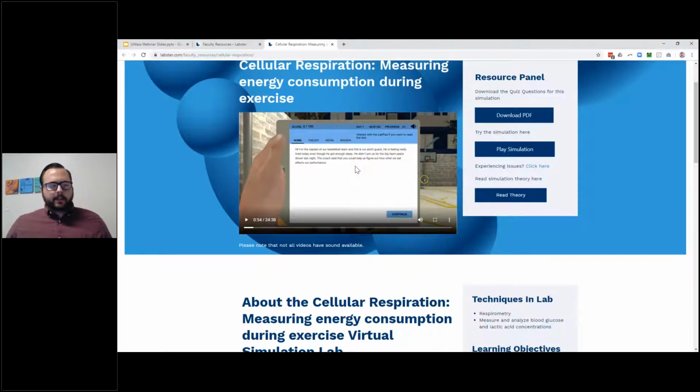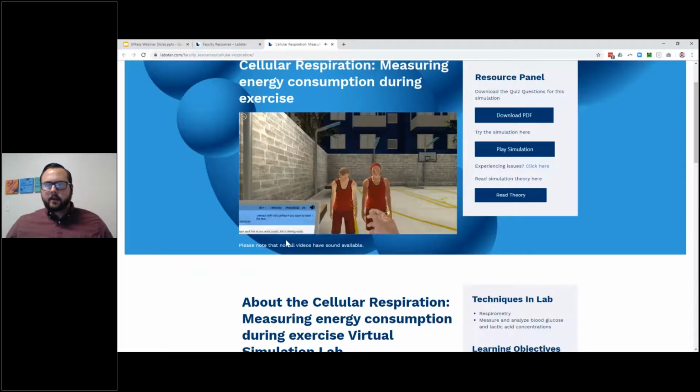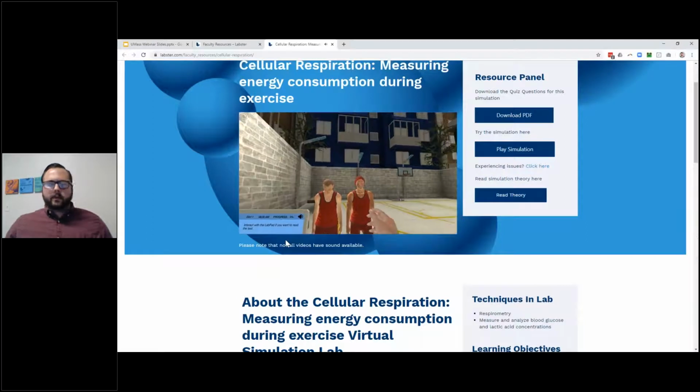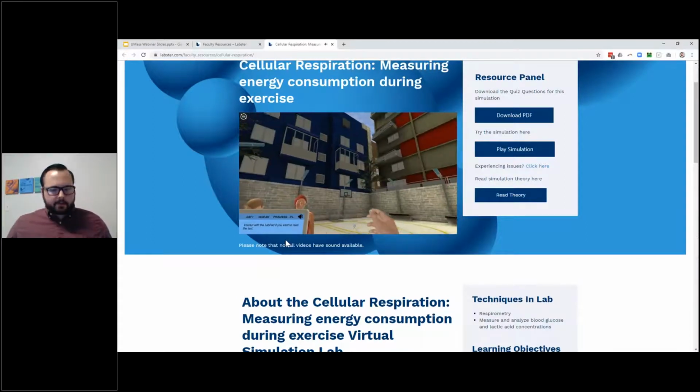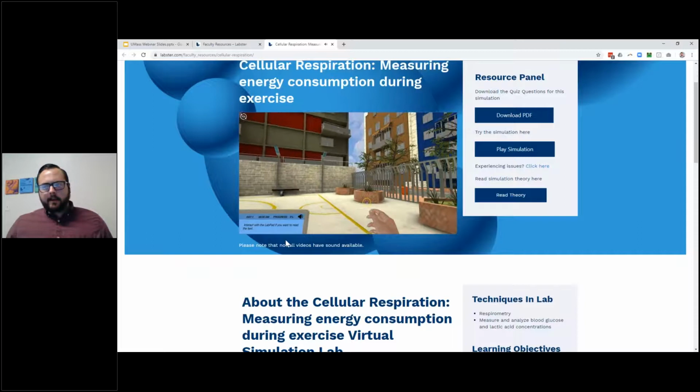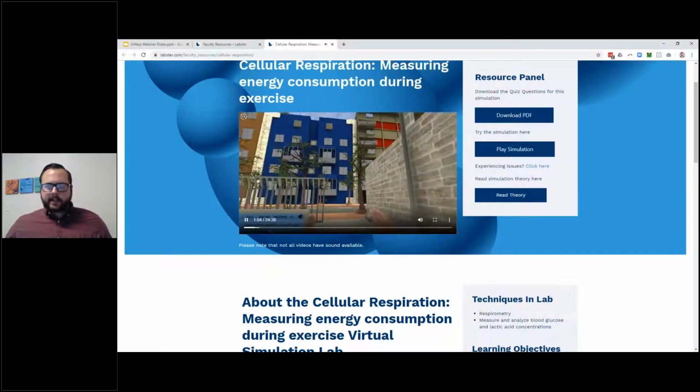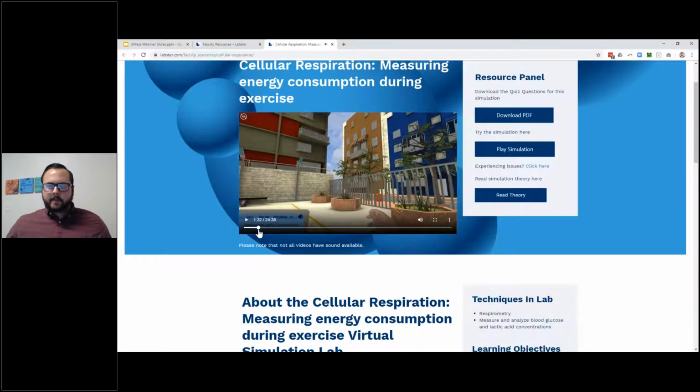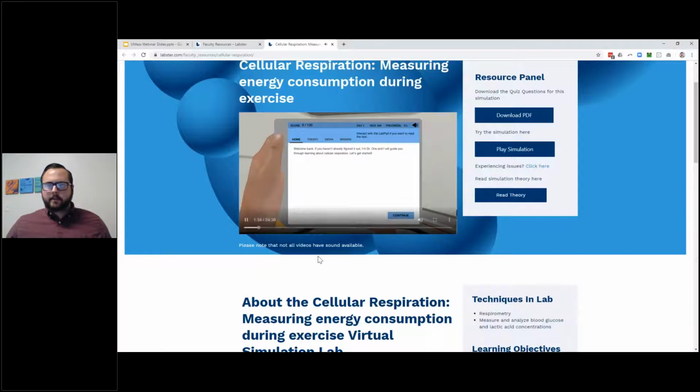In this example, this kind of sets up everything that they're going to be doing for the lab. You now know what you're going to be looking for and how it relates to this real life example. So as you're talking, they're actually going to give you some blood samples. And what you're going to do to start is take those blood samples back to the lab to get going on the experiment.